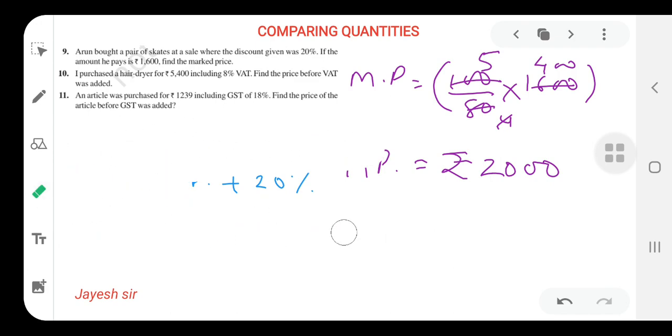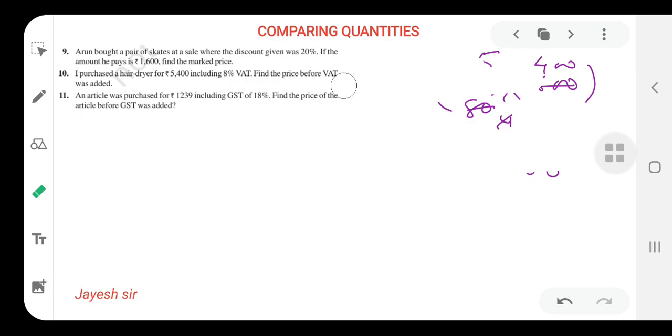So let us begin with the next sum for the day. Over here I purchased a hair dryer for rupees 5400 including 8% VAT. That means this is the total price I am paying. That means 100% I am paying, but I have included 8% VAT also in this. Now we can say that this value is of 108%, because VAT tax is also added in that.